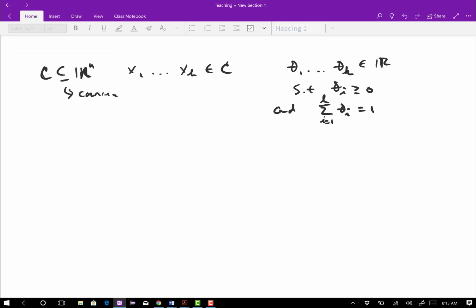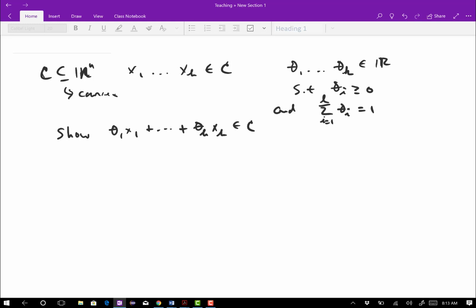And it's asking us to show that this sum, theta 1 x1 plus through theta k xk, is in fact in this set C. And we're going to use the definition of convexity to do this.